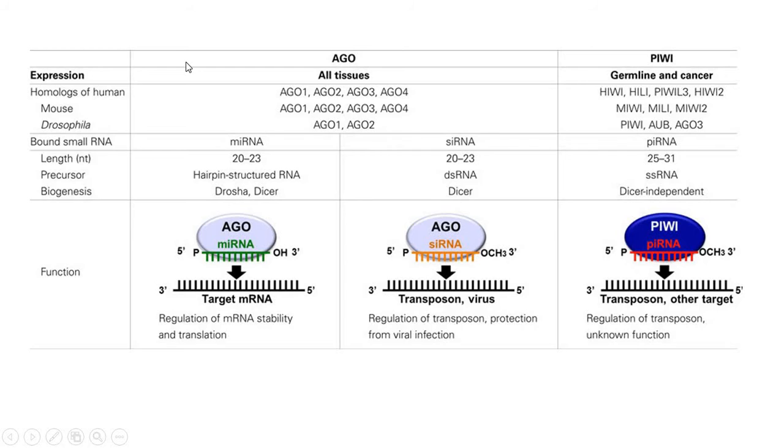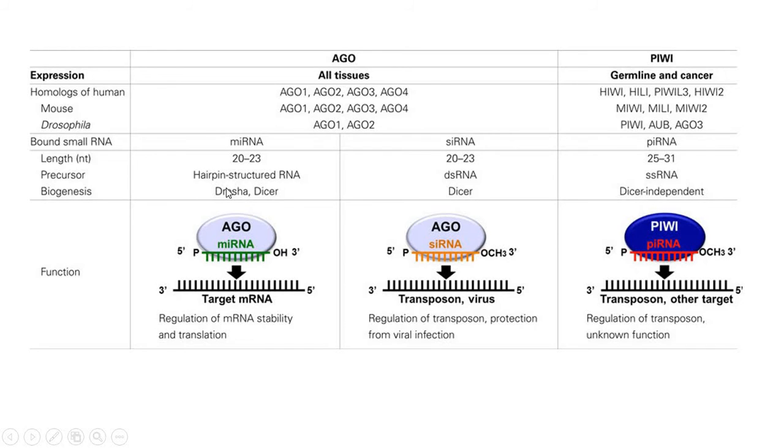Here, just to compare side by side microRNA, siRNA, along with the piRNA, you will see that AGO is a protein that's very important for both microRNAs and siRNA, because microRNA and siRNA make complex with this protein, whereas in piRNAs, it's the PIWI protein that complexes with piRNA.